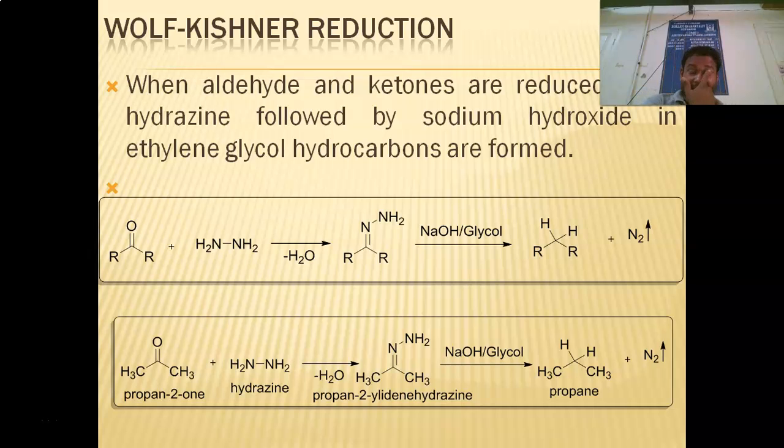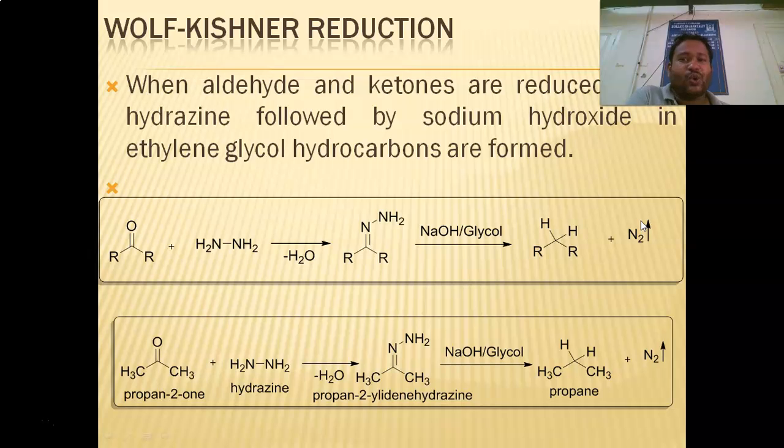Next is the Wolff-Kishner reduction reaction. It is the reduction of the carbonyl group into the corresponding alkane. This type of reaction is called the Wolff-Kishner reaction. Here the carbonyl group undergoes reaction in the presence of hydrazine hydrate and ethylene glycol, forming the corresponding hydrazone. This hydrazone undergoes reaction in the presence of sodium hydroxide and glycol, giving the corresponding alkane and elimination of nitrogen.